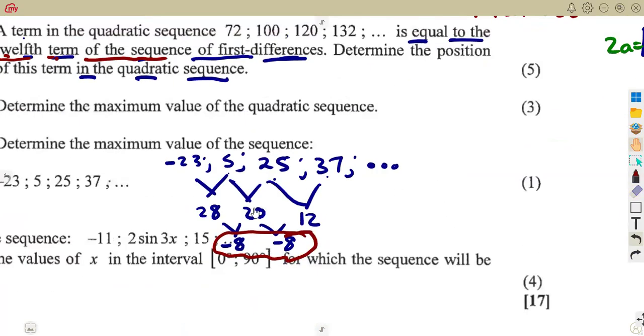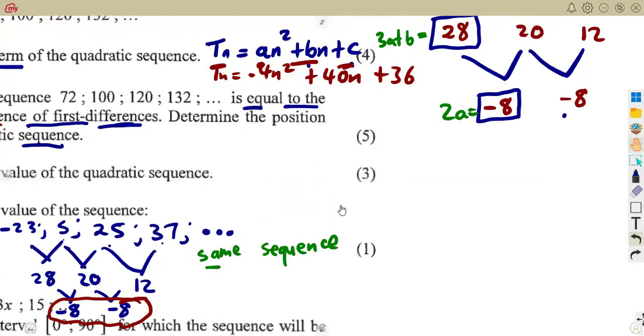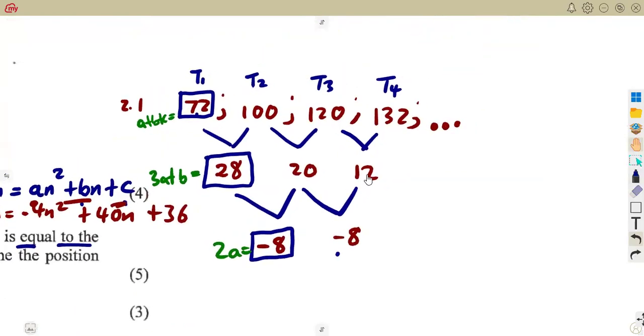So if it is from the same sequence, are we going to determine that quadratic again? No. If it is the same sequence as before, it follows that its maximum value is at the same position as what we had before. It's only that I erased that one.